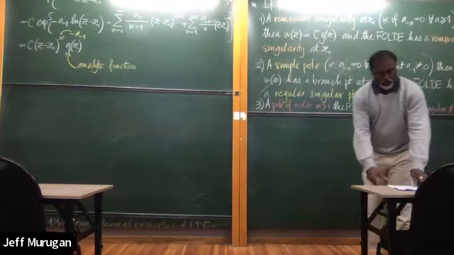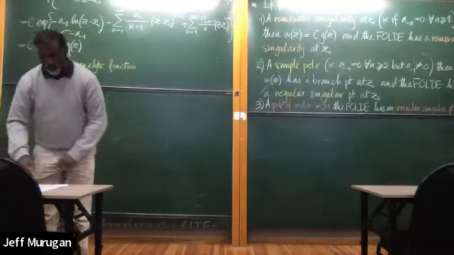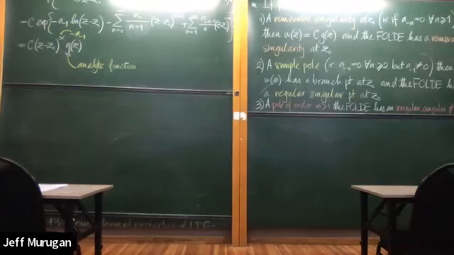So again, an irregular singular point is one where the solution of the DE has an essential singularity. Okay? All right.